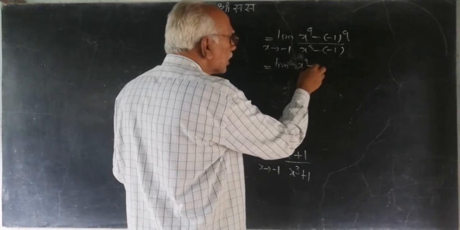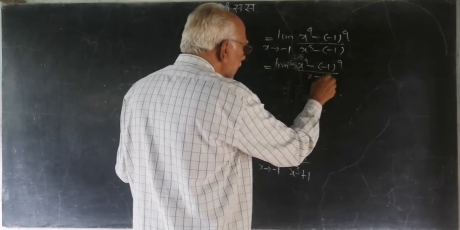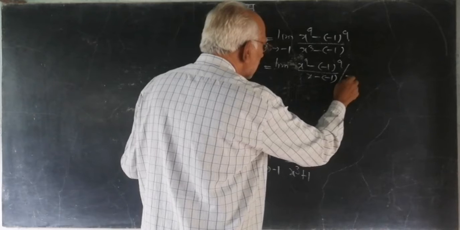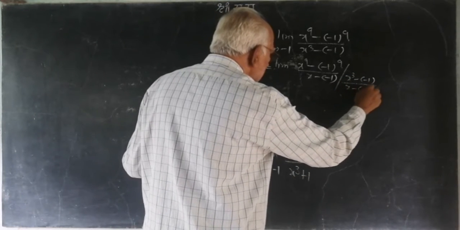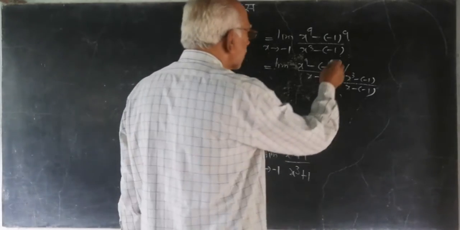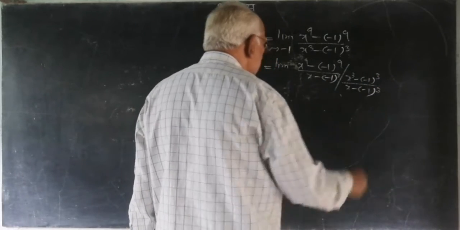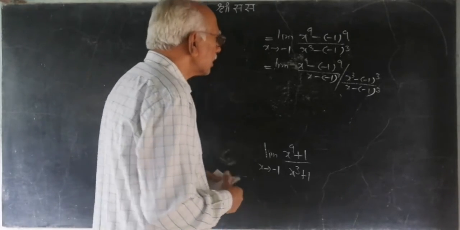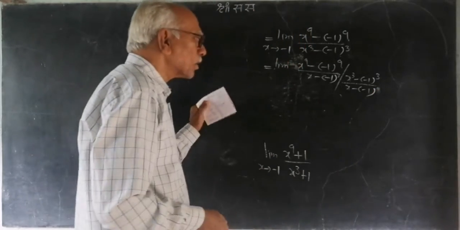So x to the power 9 minus of minus 1 to the power 9 divided by x minus of minus 1, divided by x cube minus of minus 1 divided by x minus of minus 1. Here you can write cube also, because minus 1 cube is minus 1 only. Now you have got the form.